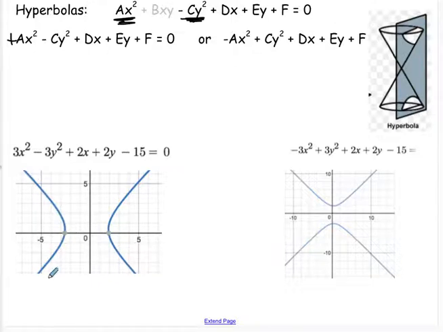That's all it takes to make the hyperbola identifiable in the equation. Of course, we could have a negative ax squared and a positive cy squared, in which case we'll have a hyperbola oriented in the other direction.